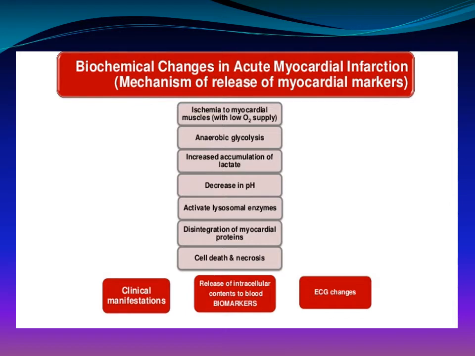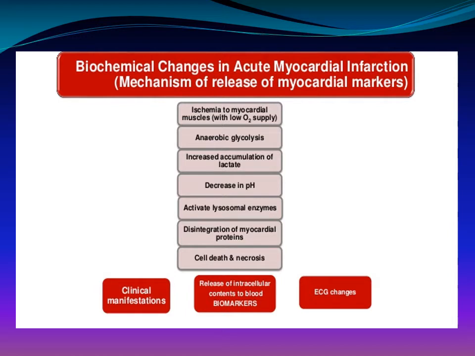The biochemical changes in acute myocardial infarction. The mechanism of release of myocardial markers. Ischemia to myocardial muscle with low oxygen supply causes anaerobic glycolysis. Anaerobic glycolysis leads to increased accumulation of lactate and decrease in pH.